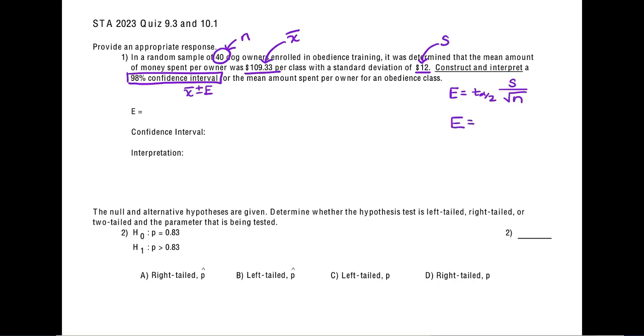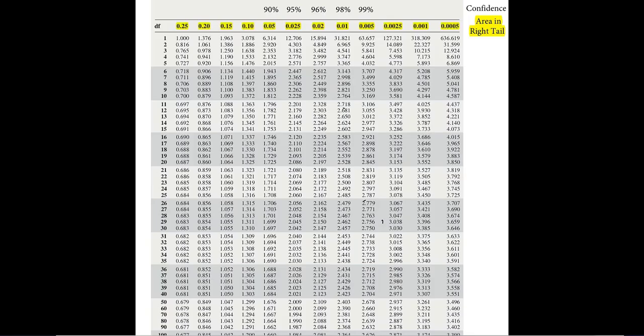So E is equal to, I need to go to my critical value, and this is telling me that I'm using my t distribution. Since I'm using my t distribution, I do need to know my degrees of freedom. Here's my n, so my degrees of freedom is 39. I'm going to go to my t distribution, 98% with degrees of freedom 39.